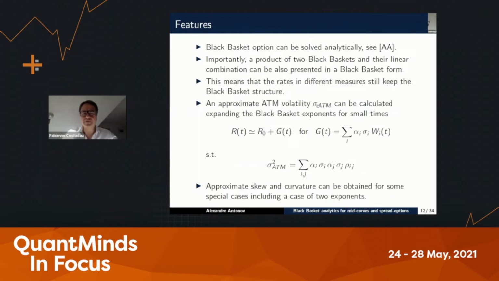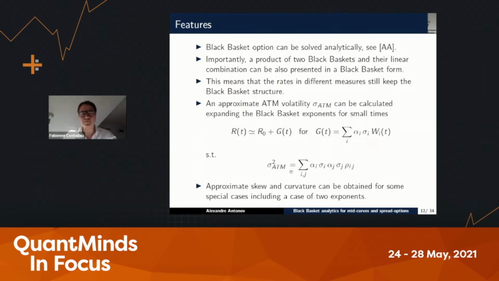The approximate at-the-money volatility of a black basket can be very easily calculated, it is sufficient to expand the black basket exponents for small times. So we just say that we have our center plus the approximate Gaussian form, which is this weighted normal distribution.